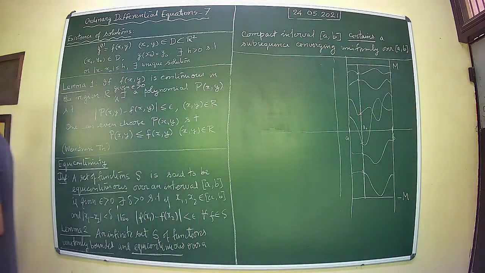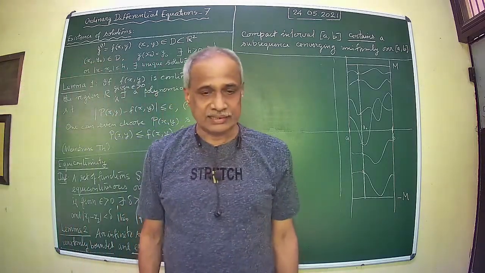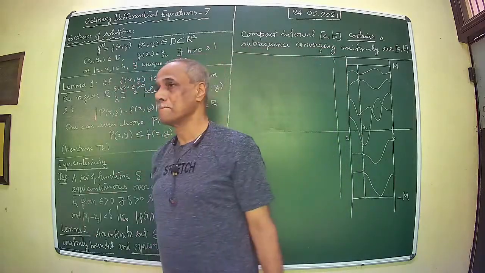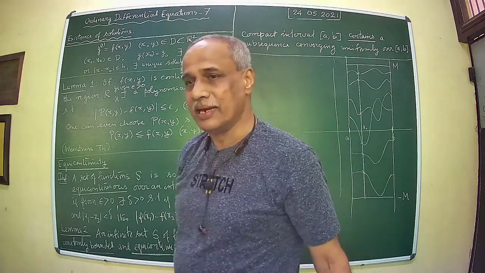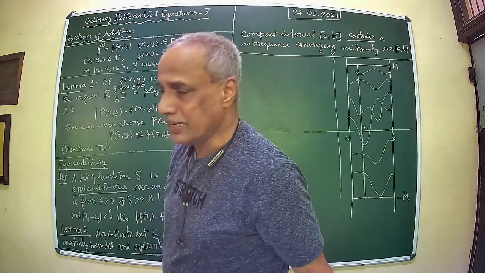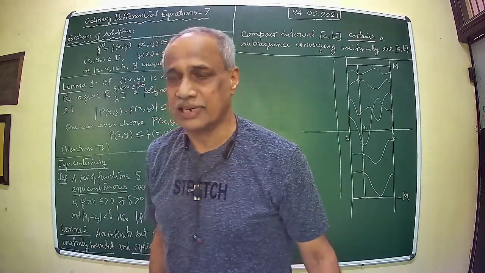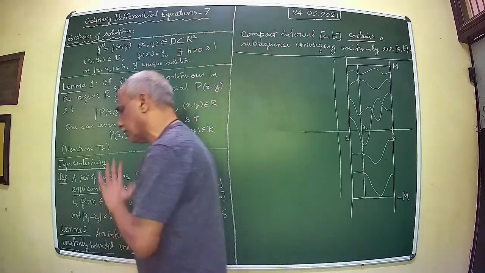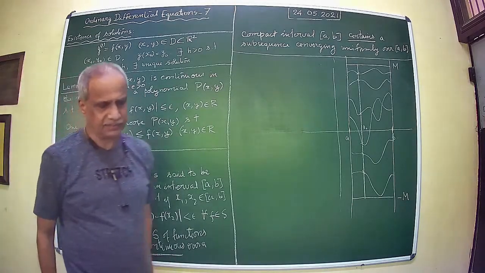So what is the strategy? The strategy is very clear now. You approximate f by polynomials. Corresponding to each polynomial there is a solution for the initial value problem, because the polynomials do satisfy the Lipschitz condition. Therefore, there is a unique solution corresponding to each polynomial for the corresponding initial value problem with the same initial data.